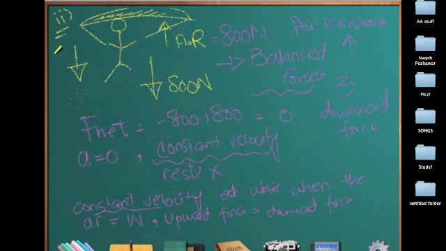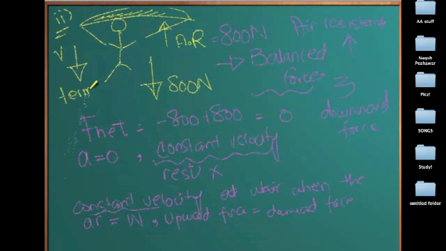He would be moving with a constant velocity downwards, and this velocity would not increase since there is no acceleration. This is known as terminal velocity. So whenever the air resistance becomes equal to the weight, there is a situation of terminal velocity: the object is not accelerating anymore and is just moving at a constant velocity.